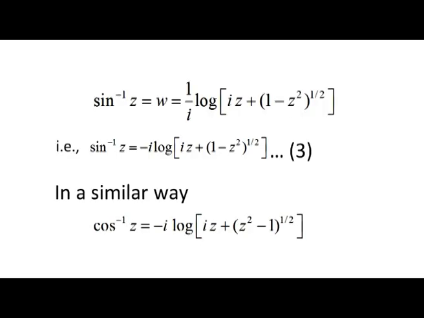Hence, sin inverse z is equal to w, which is equal to 1 by i log of iz plus (1 minus z square) raised to 1 by 2. That is, sin inverse z is equal to minus i into log of iz plus (1 minus z square) raised to 1 by 2, equation number 3.